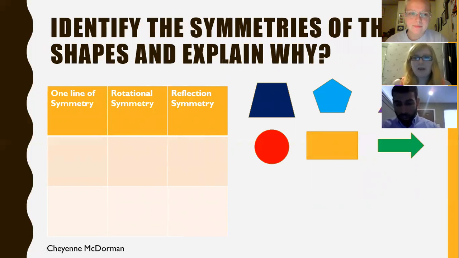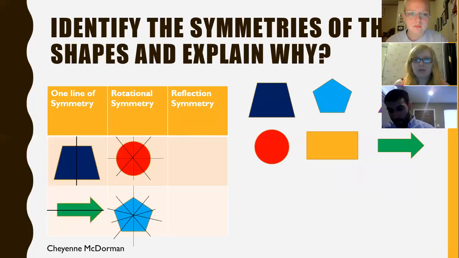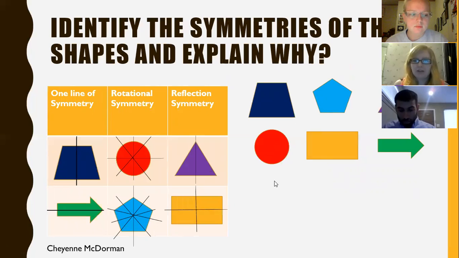Cheyenne, identify the symmetry of these shapes and explain why. Well, the symmetries that we are going to be looking at are one line of symmetry, rotational symmetry, and reflection symmetry. The figures that we are given are the trapezoid, pentagon, triangle, circle, rectangle, and an arrow. The trapezoid and the arrow represent one line of symmetry because they only reflect over one line.